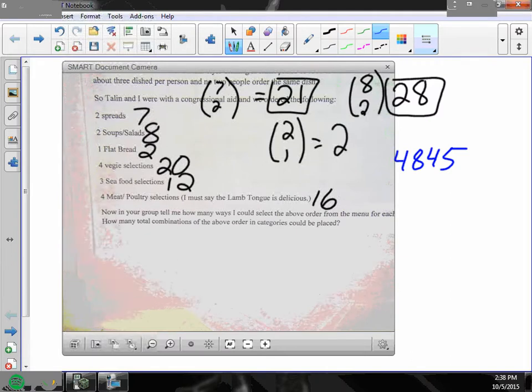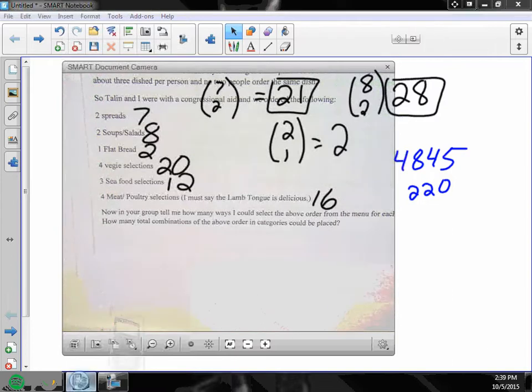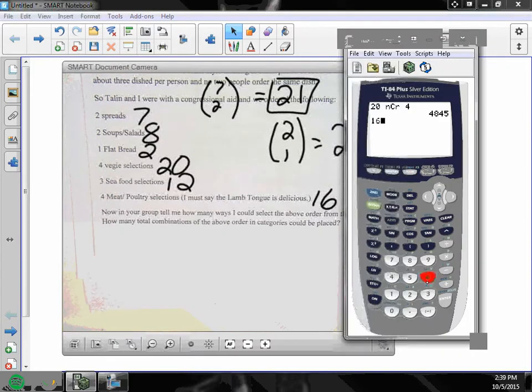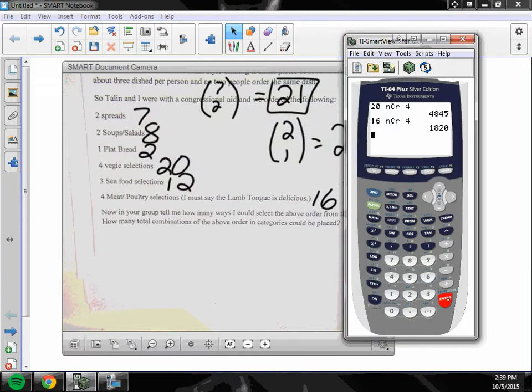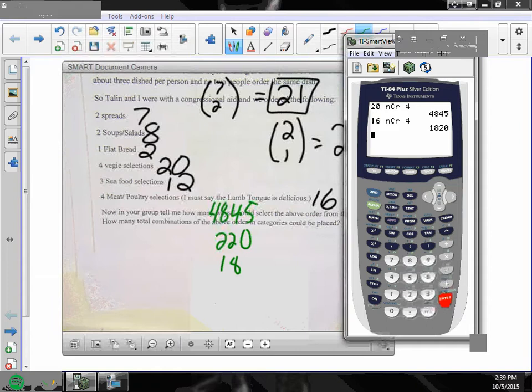The seafood is going to be 12 choose 3, which I can find on the wall. That's 220. And 16 choose 4. I need the calculator again. 1820. So 4845, 220, and 1820.